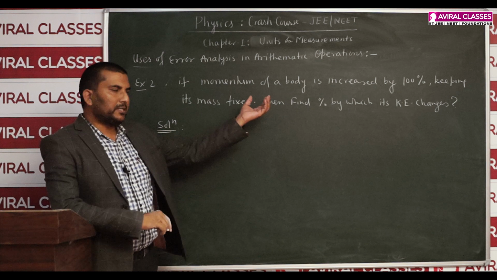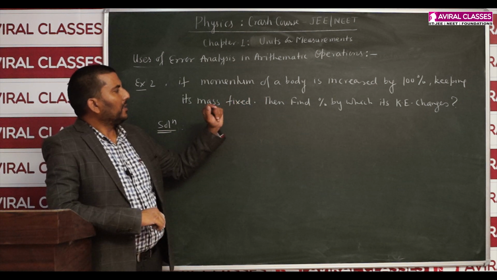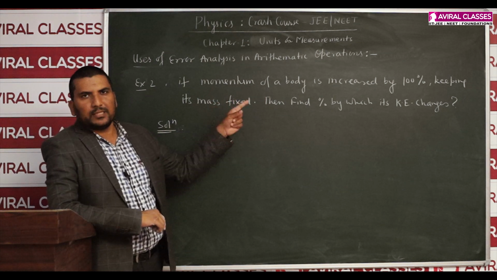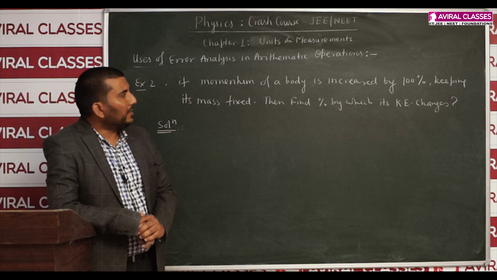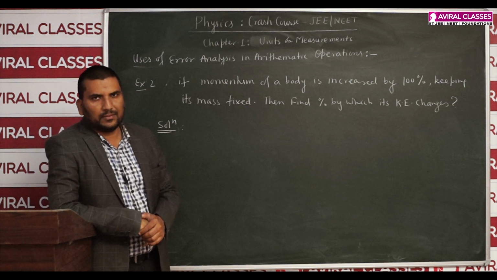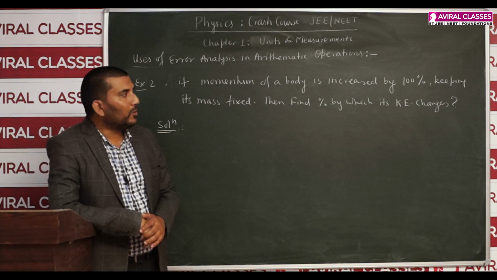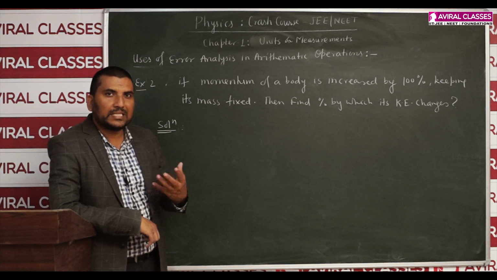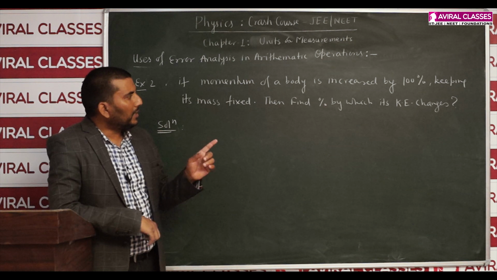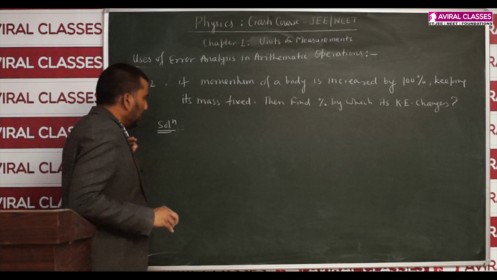This question is slightly confusing. You cannot use error analysis in this, because error cannot be 100%. If it is 100%, this will not be error. It will not be an error, it will be in fact a mistake. So error analysis will not be valid.